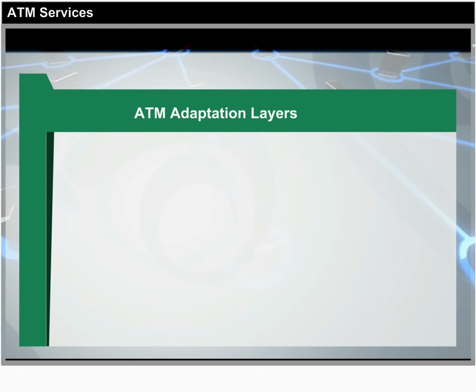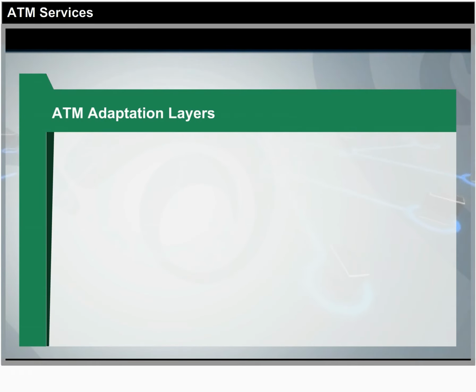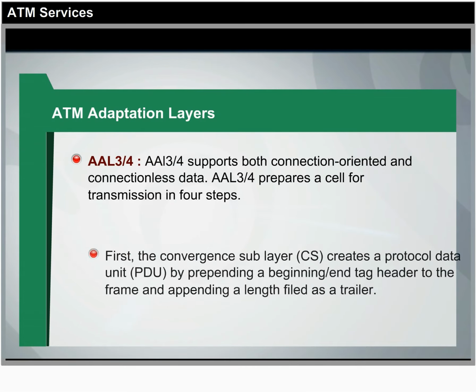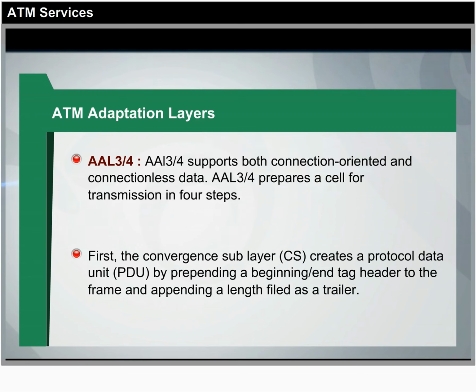ATM adaptation layers: AAL3/4, for both connection-oriented and connection-less data. AAL3/4 prepares a cell for transmission in 4 steps. First, the convergence sublayer, CS, creates a protocol data unit, PDU, by prepending a beginning-end tag header to the frame and appending a length field as a trailer.